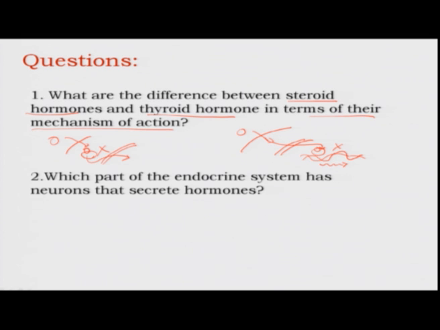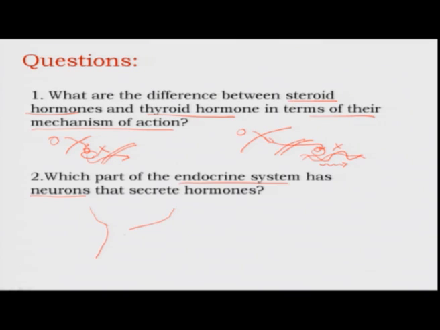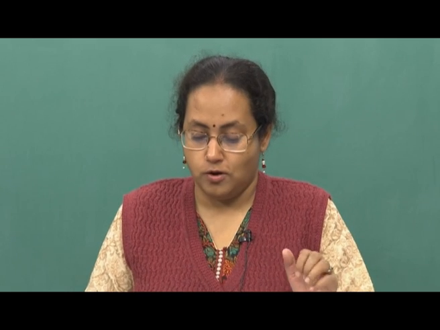Now, the second question is, which part of the endocrine system has neurons that secrete hormones? This is very easy, and I have already discussed it with you. This is the hypothalamus. Remember, the hypothalamus is made up of specialized neurons which are neurosecretory in nature, meaning they do not just produce neurotransmitters, they also produce certain hormones.